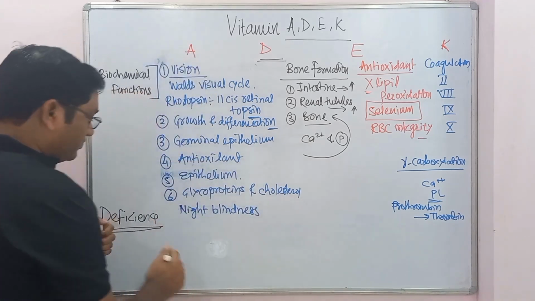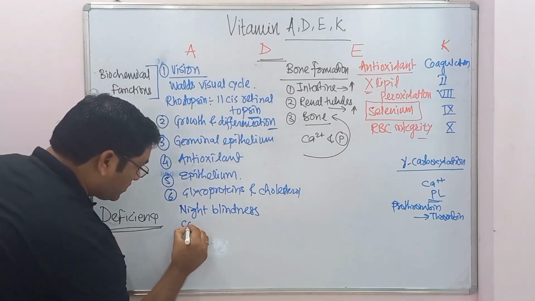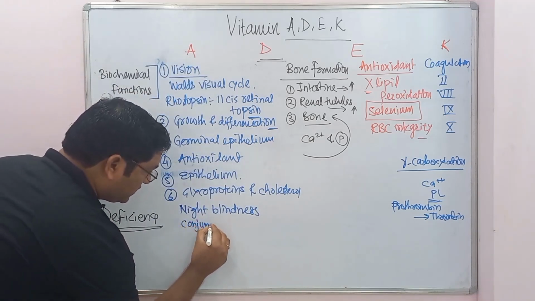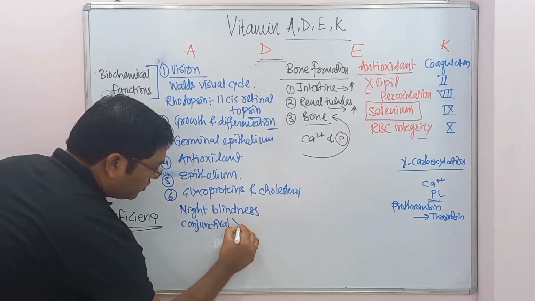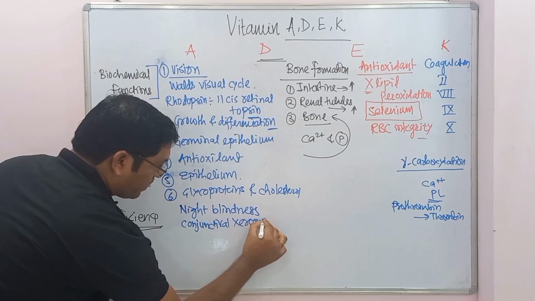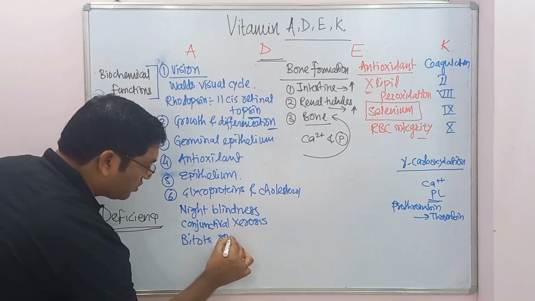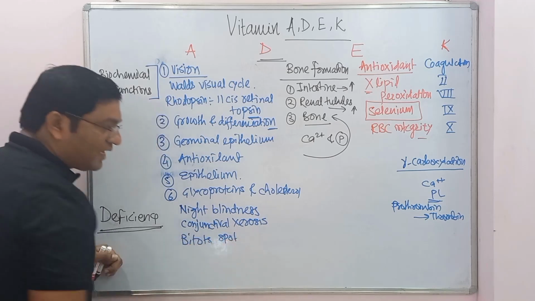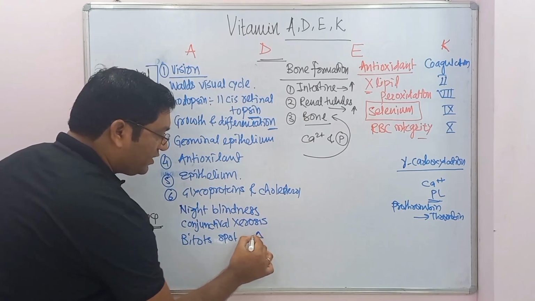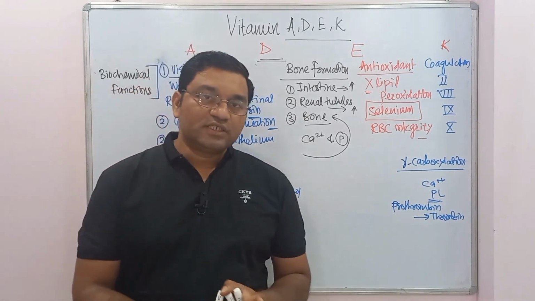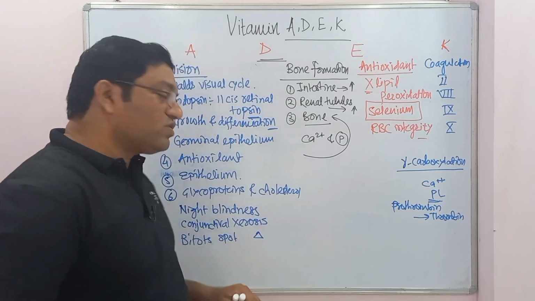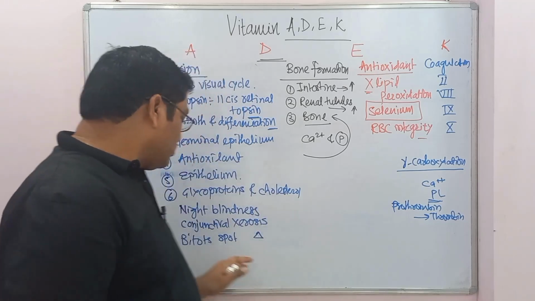Okay, then conjunctival xerosis, Bitot spots. These are the triangular white plaques on the conjunctiva, Bitot spots.